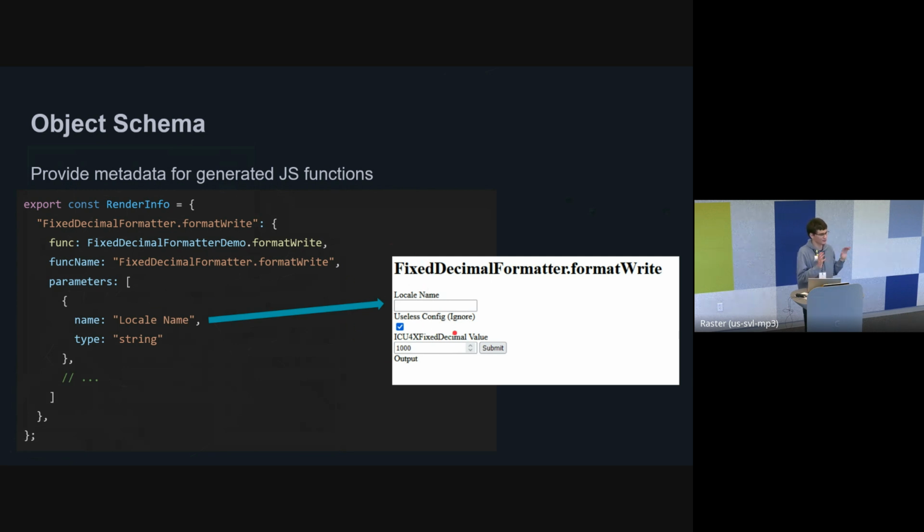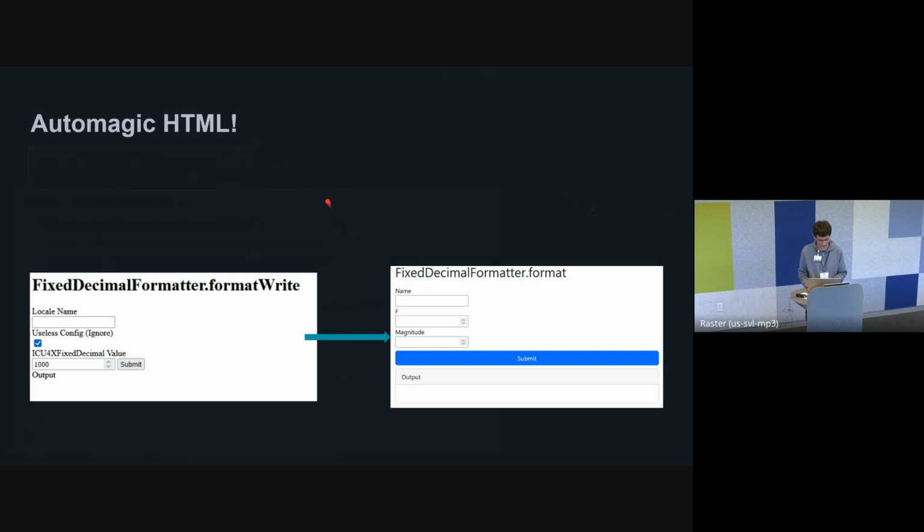And so we have a built-in default renderer for that, and it too is customizable. I think it's like one of the few things on the web that uses web components to try and maximize compatibility. But if you're interested in making your own front end using all of this information, that's totally feasible. And so from that, what we get is an automatic system for creating demos from your Diplomat bridge definitions.